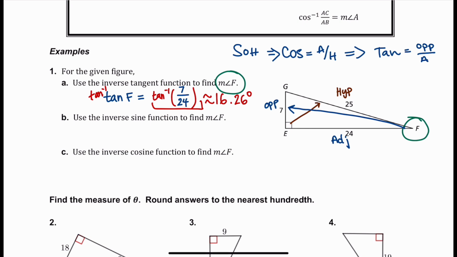Now, let's say instead of the opposite and adjacent values, I use sine, which is opposite over hypotenuse. Sine of F is equal to opposite, 7, over hypotenuse, 25.